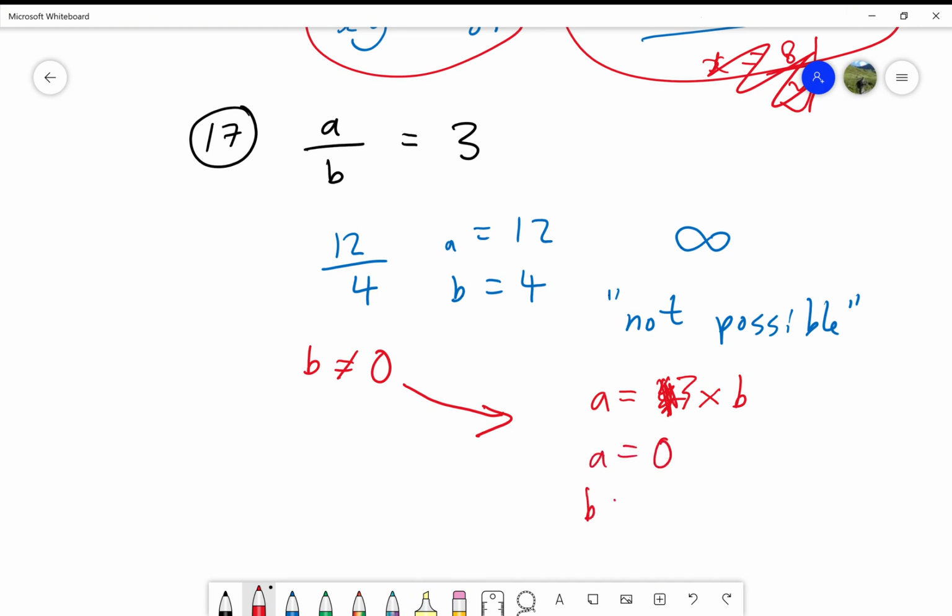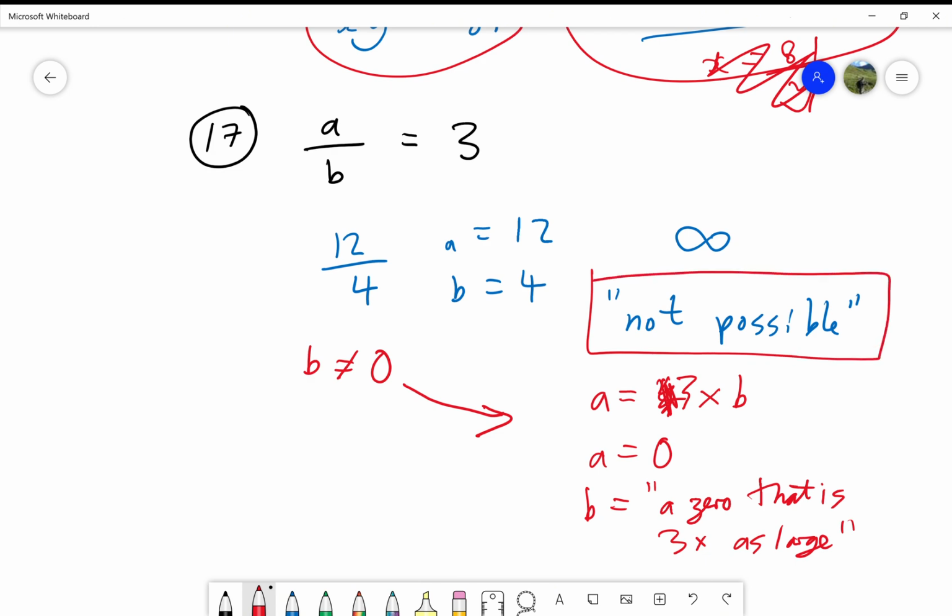Well then b is just a 0 that is 3 times as large. So here's the problem, we're getting into philosophy now. When you start talking about zeros and infinities, basically you're entering philosophy and not maths. So should we just say not possible and leave it at that? Is that a deal? Okay.